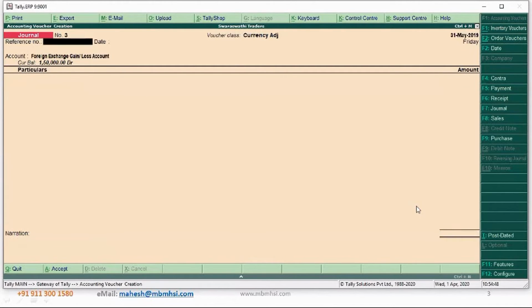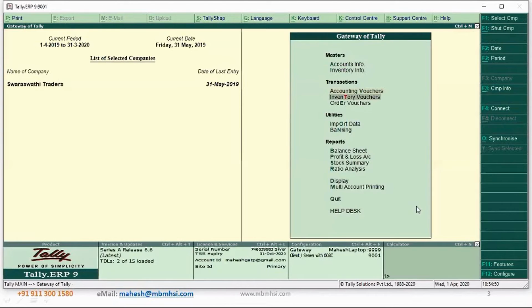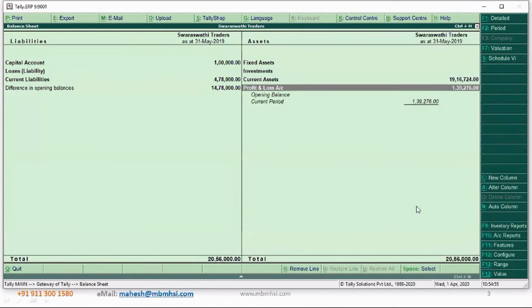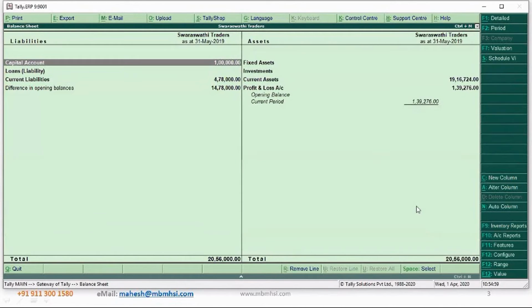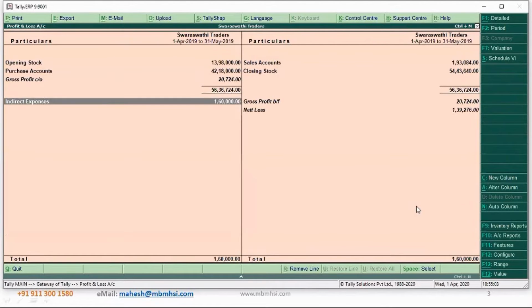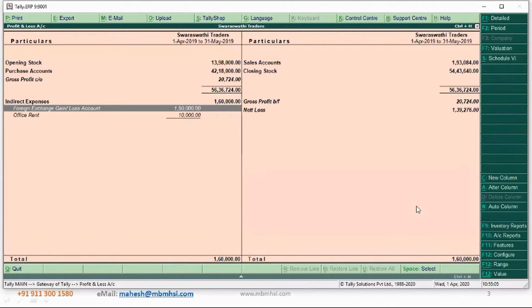Save this. So now once you save, in your balance sheet, that foreign exchange gain or loss has automatically got nullified. It is no more showing. And in your profit and loss account, you have got one new expense, which is typically foreign exchange gain or loss.